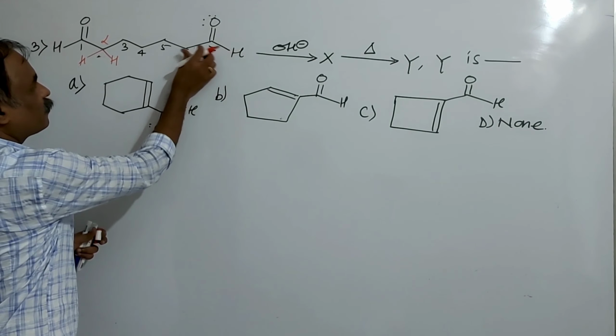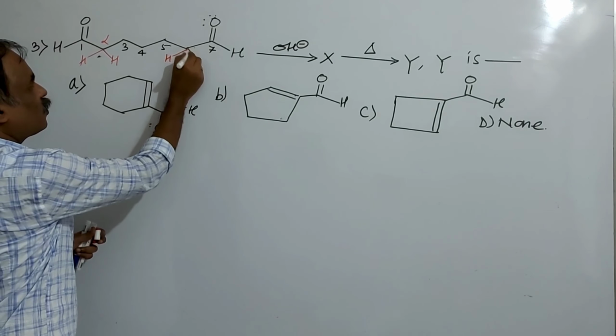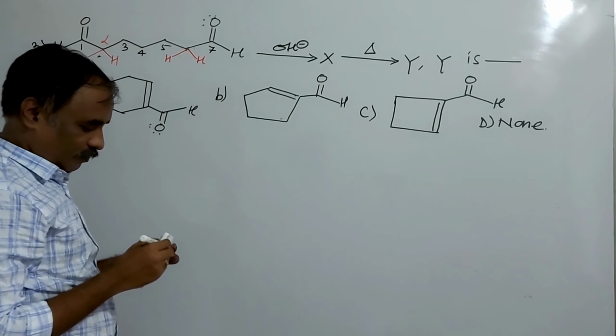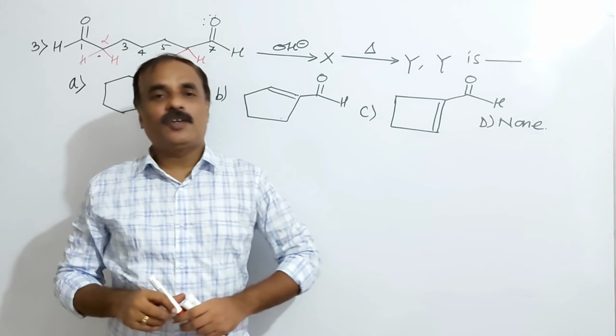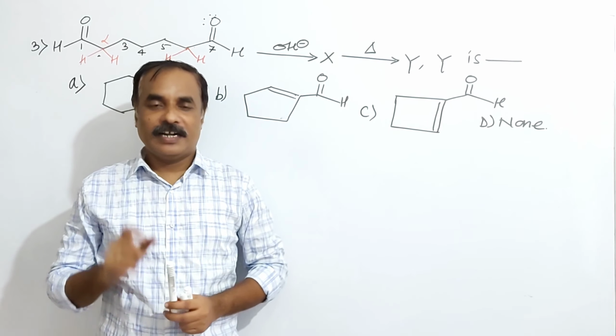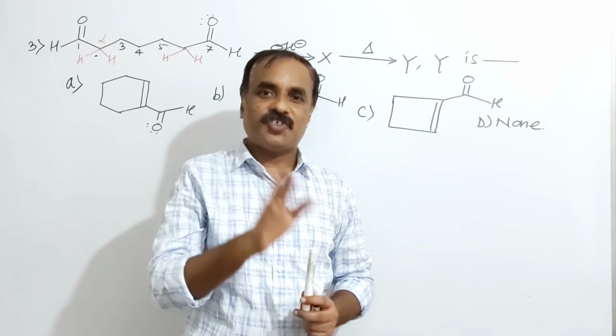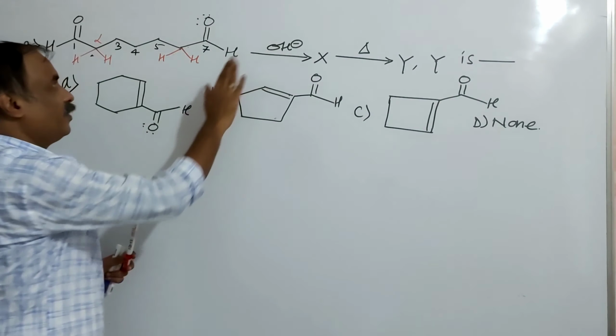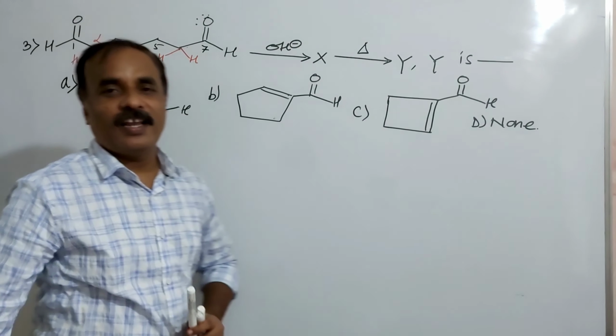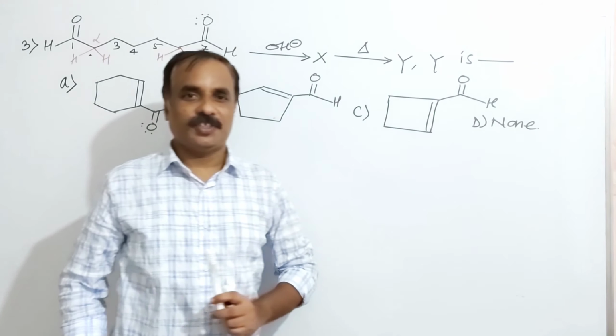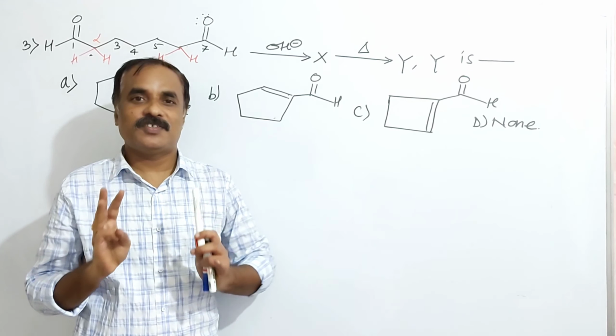Aldehydes and ketones containing alpha hydrogen atoms react with the base. And this is an example of what? Aldol condensation.